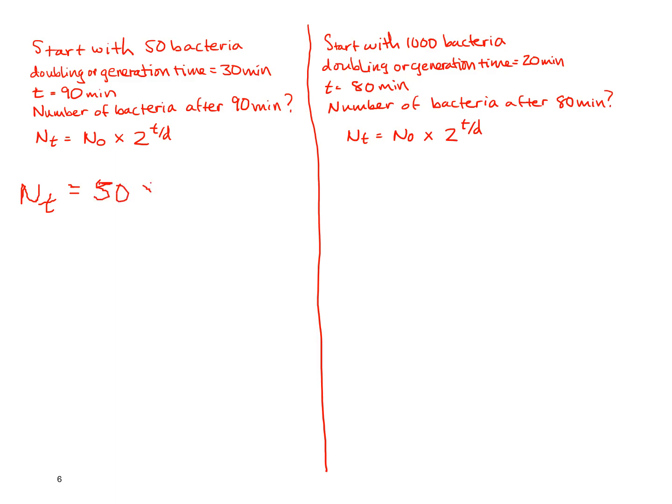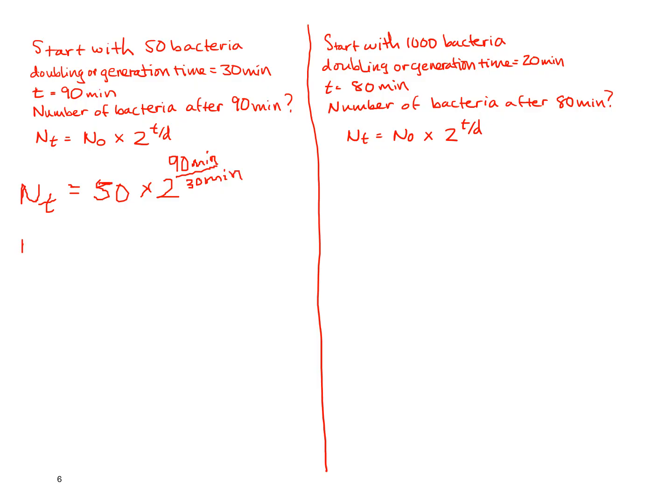And then we're going to multiply that by 2 because our population is going to be doubling in size every generation. And then we're going to raise that to the power of t divided by d. And then the t is just the amount of time that's passed. So it's been 90 minutes. And then we're going to just divide that by the d, which is our doubling or generation time. So that's been 30 minutes.